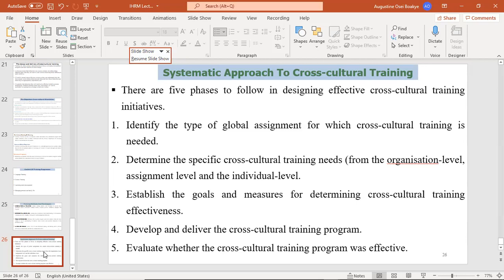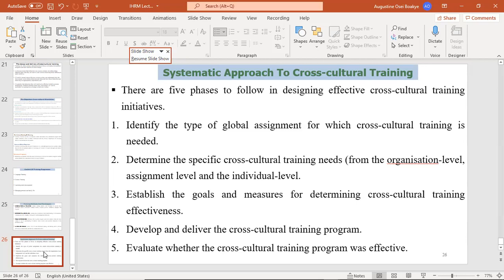And what are these 5 phases or stages? The first one is to identify the type of global assignment for which cross-cultural training is needed. Now, once you're able to identify the sort of assignment that you are sending the expatriate to go and perform, then it will also influence the requisite phases and strategies that you adopt.